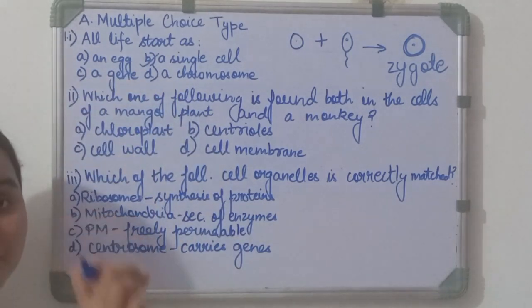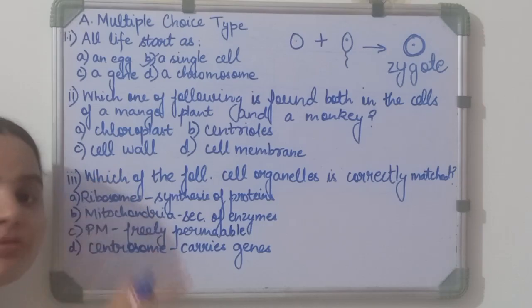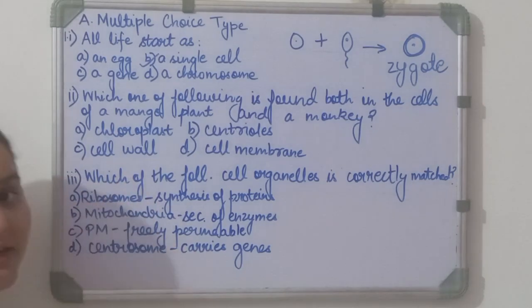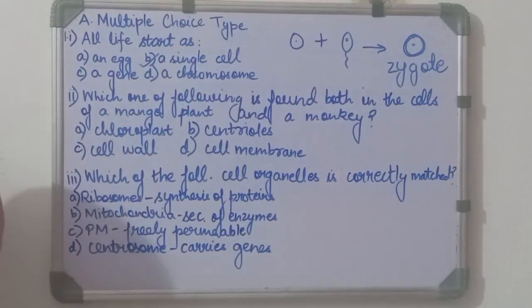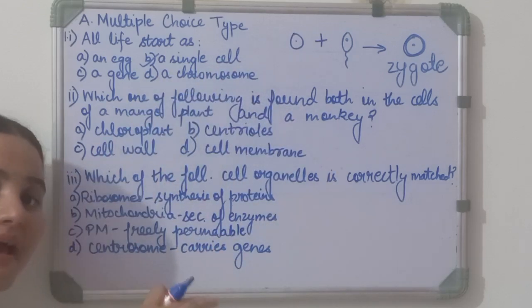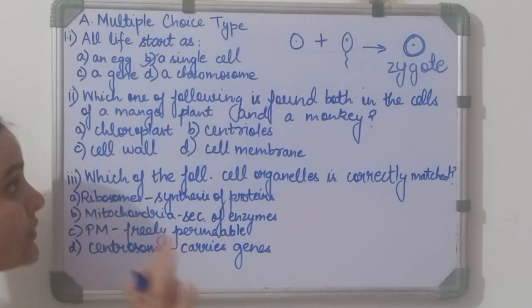This gene is present inside our nucleus, which has DNA, okay? So, it is not responsible for starting a life. Similarly, chromosome also is present inside our nucleus, and it carries the genetic information from parent to the offspring. So here only option B is correct.